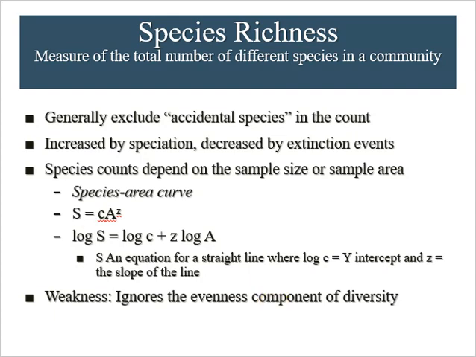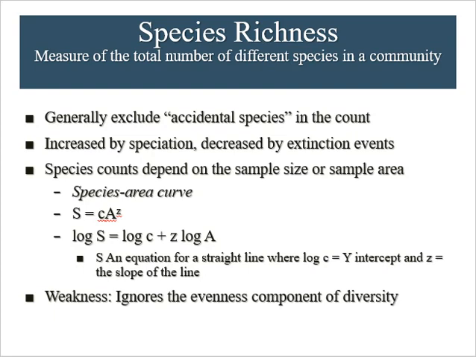So we'll start with species richness. Species richness is the simplest measure of diversity. It is very simply just a count or number of different species in a given ecosystem, particular area or region.